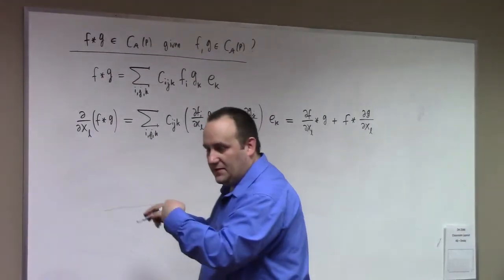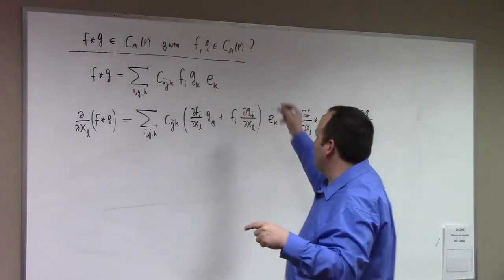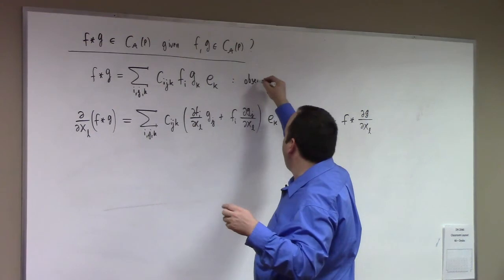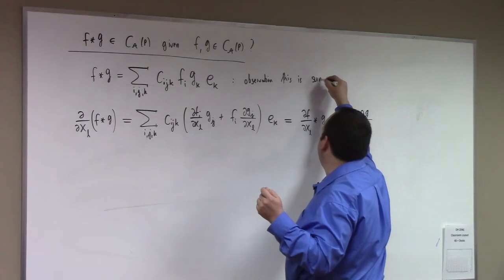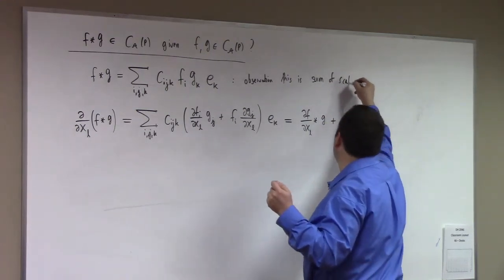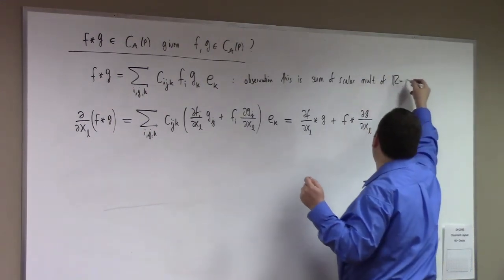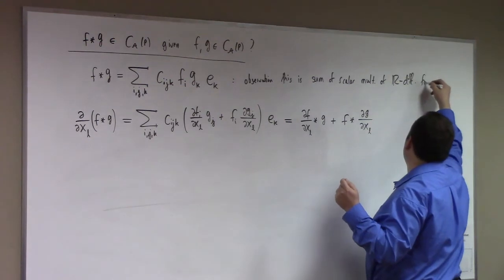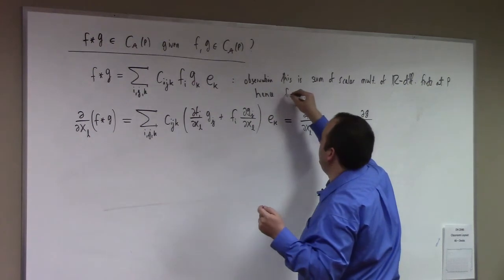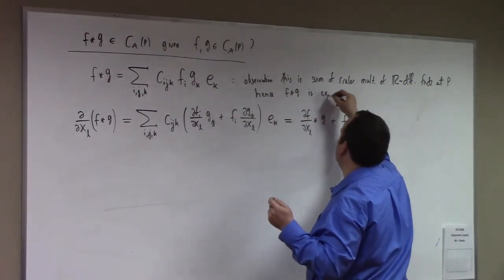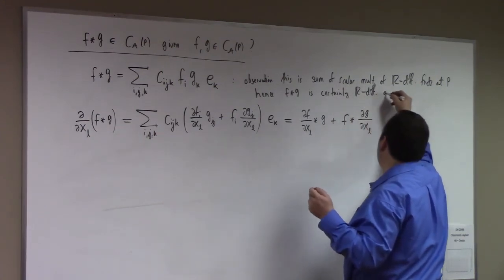So what's this say about the differential? First of all, observation. This is a sum of scalar multiples of our differentiable functions, right, at P. Hence, f star g is certainly real differentiable at P, right?